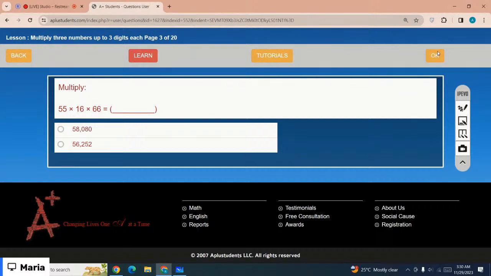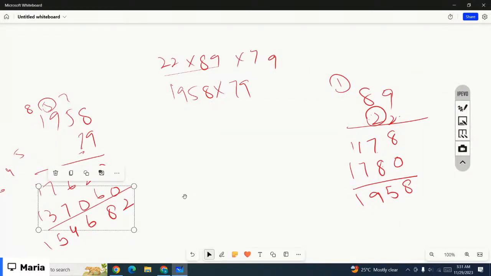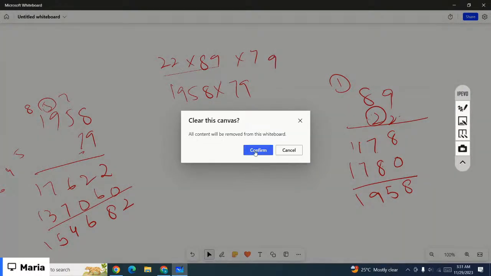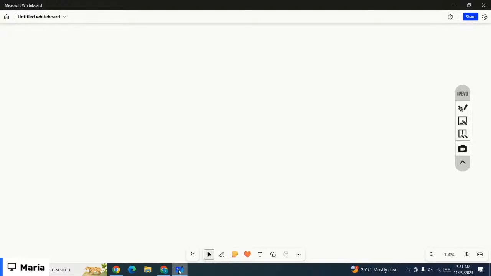Multiply 55 times 16 times 66. You guys are allowed to use a calculator.